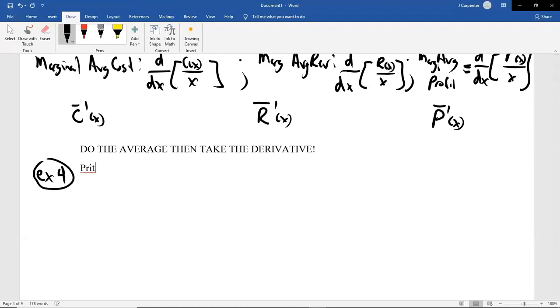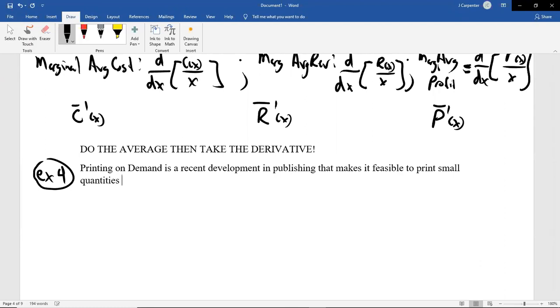Printing on demand is a recent development in publishing that makes it feasible to print small quantities of books, thereby eliminating overstock and storage costs.